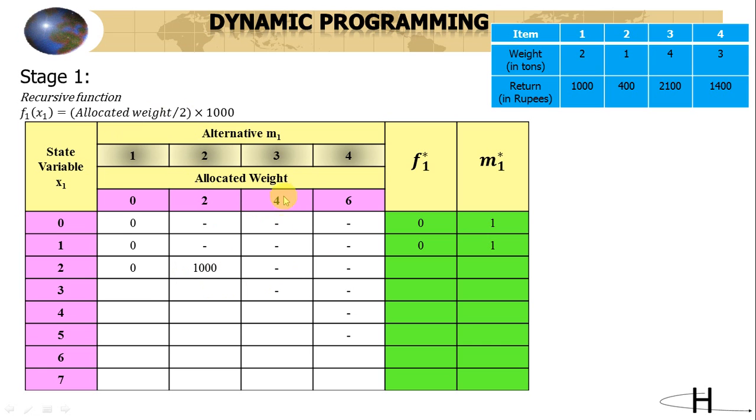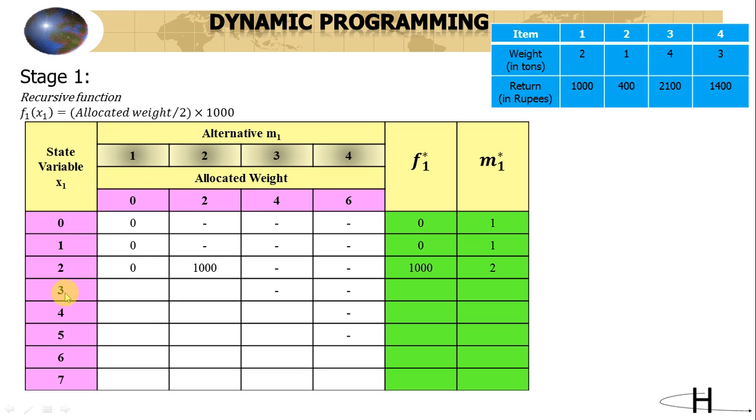Here we cannot allocate weight 4 because it will exceed the limit of 2 ton. Amongst the two recursive function values 0 and 1000, the best is 1000 with respect to alternative 2.